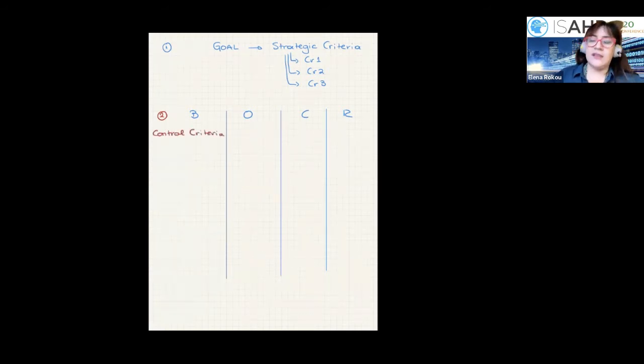Well, these control criteria are simply the perspectives that you want to break down your benefits. And you are going to use different control criteria, or potentially different, really, for opportunities, costs, and risks.